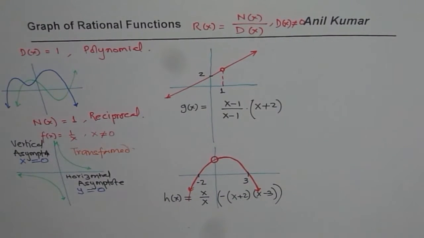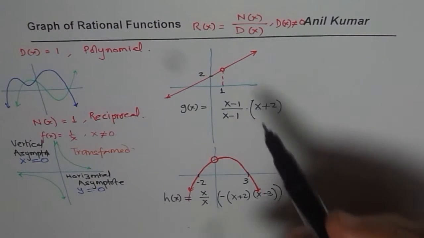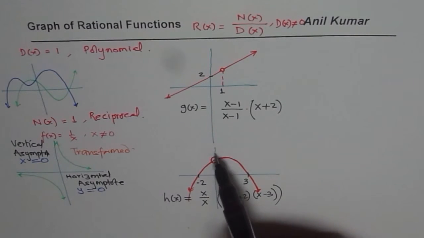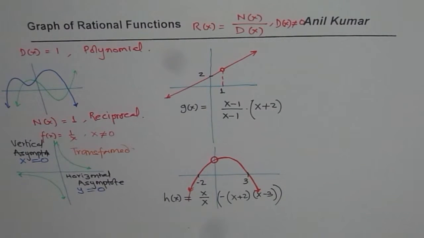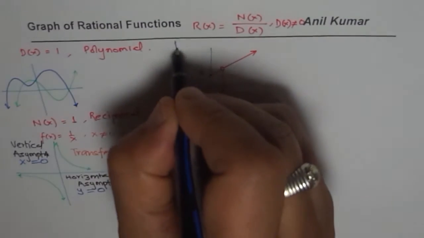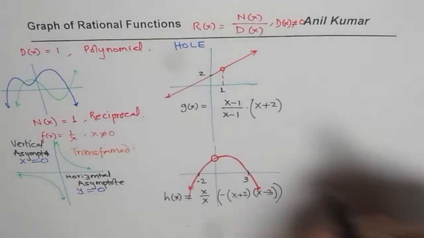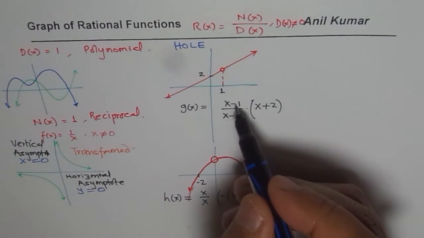So that gives you the equation of this particular rational function. So we could have rational functions with holes, and that is another kind of important discontinuity which you'll find in rational functions. So the discontinuity hole is very important, and as you see, we have a common factor.